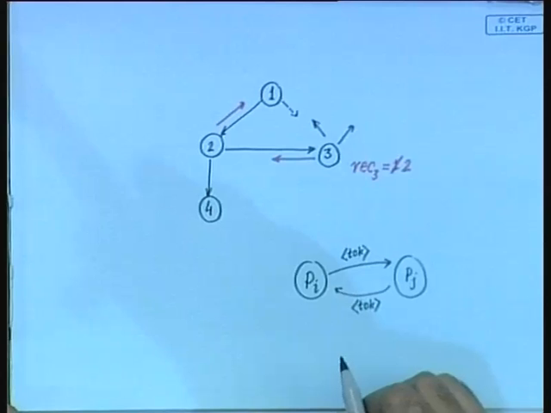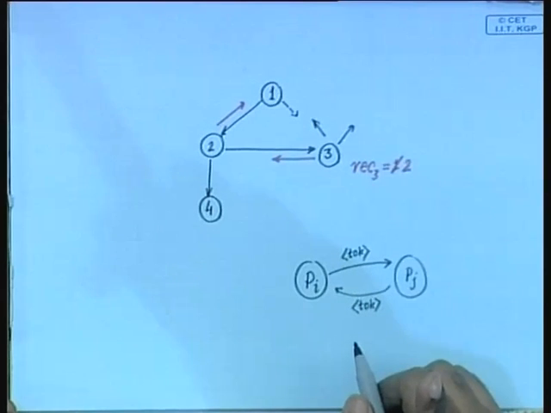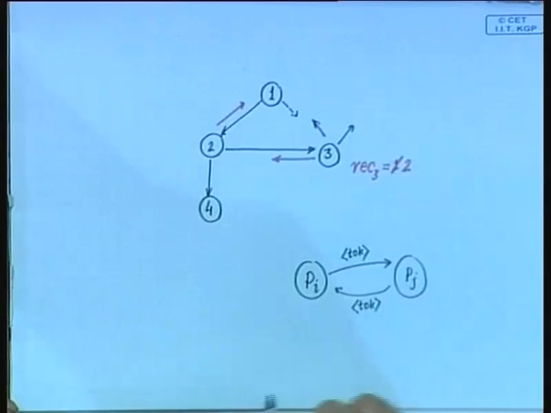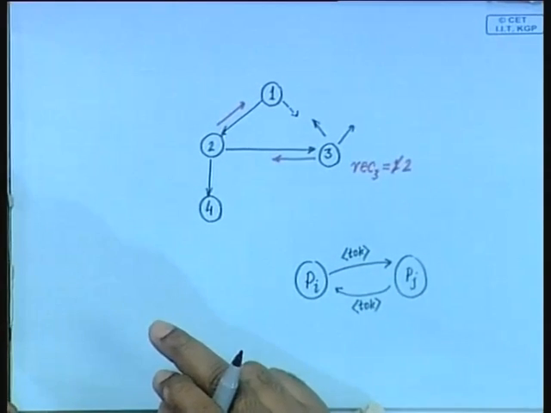So along every edge of the process network, a token will go from I to J and a token will go from J to I.